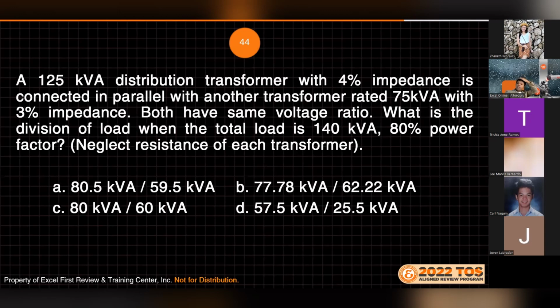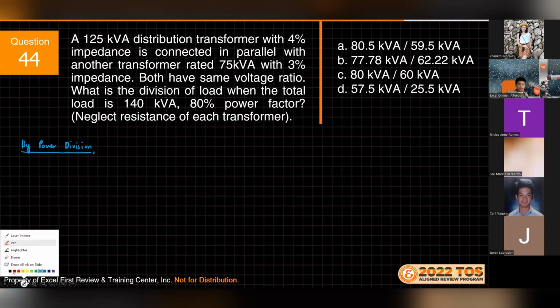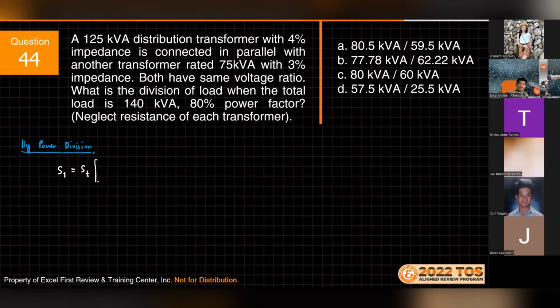What we will do here is called power division. It looks just like current division. If you have two transformers in parallel, S1 is equal to S total multiplied by the impedance of the other one, Z2, over the sum of Z1 and Z2.